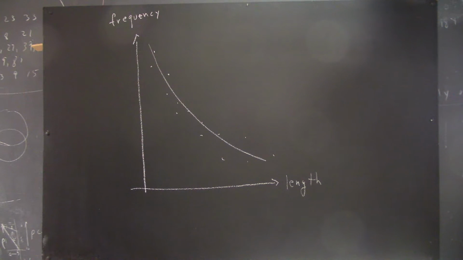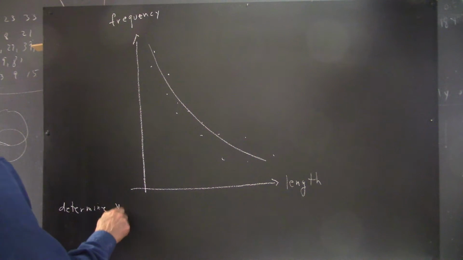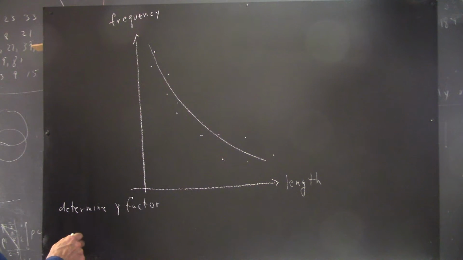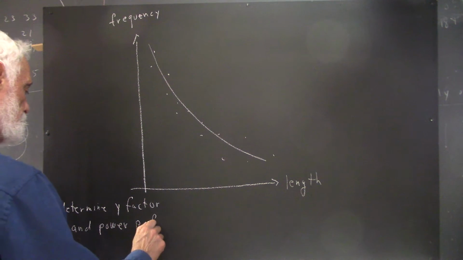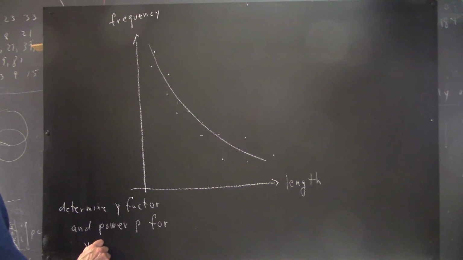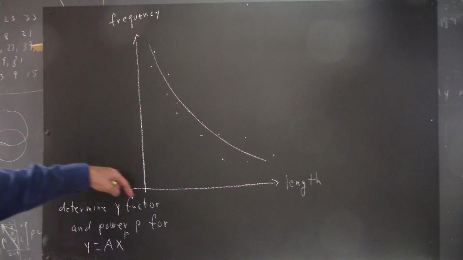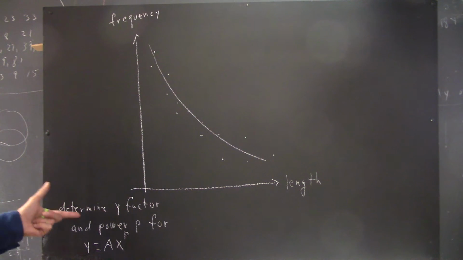And once you know the Y factor, you can get the power of your power function. So what we want to do is determine the Y factor for the data and determine the power P, assuming we have Y equals A x to the P. Now, if we can't determine a Y factor, if the Y factor is not constant when x doubles, then the model is out the window and we're not going to be able to use a power function model.